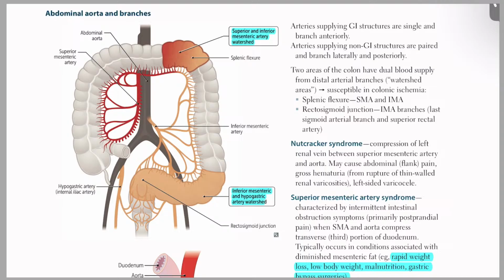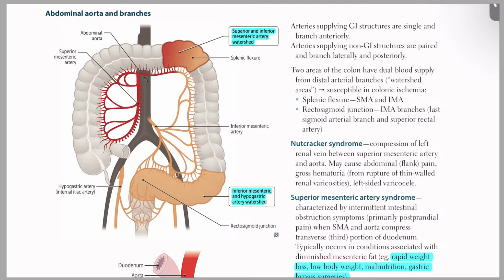So this is the abdominal aorta. This is the superior mesenteric artery. This is the splenic flexure, superior and inferior mesenteric artery watershed. This is the inferior mesenteric artery, inferior mesenteric and hypogastric artery watershed.